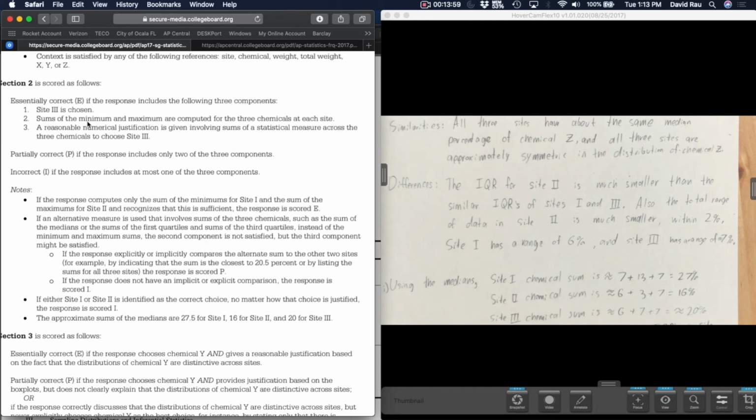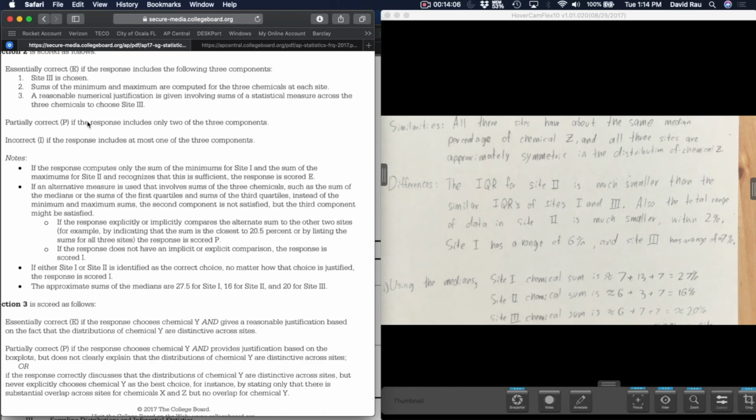Interesting, they do want the minimums and maximums. Okay, never mind.